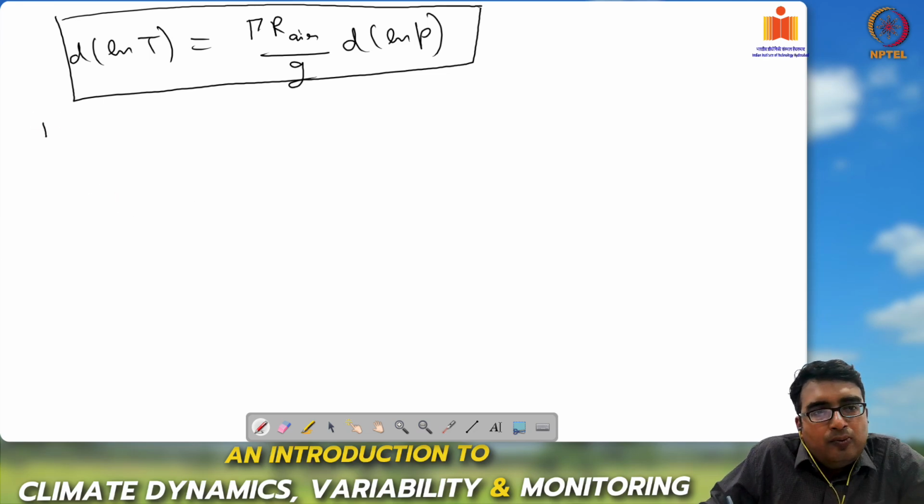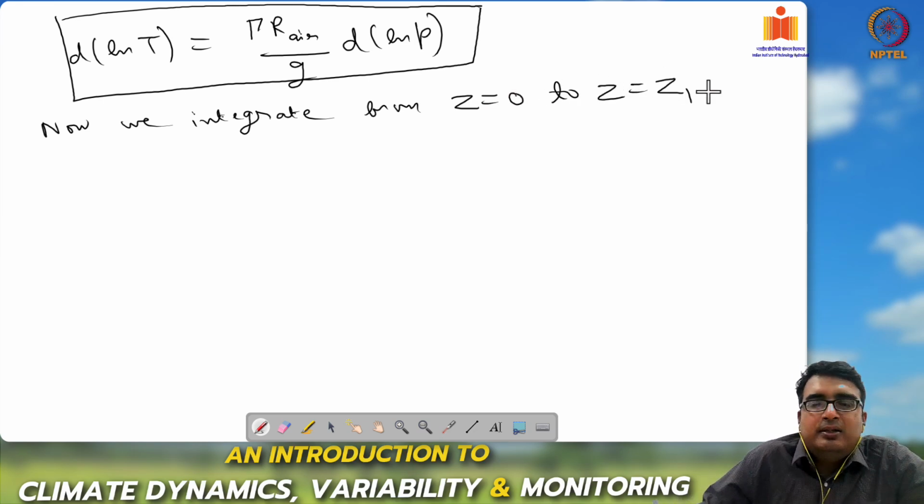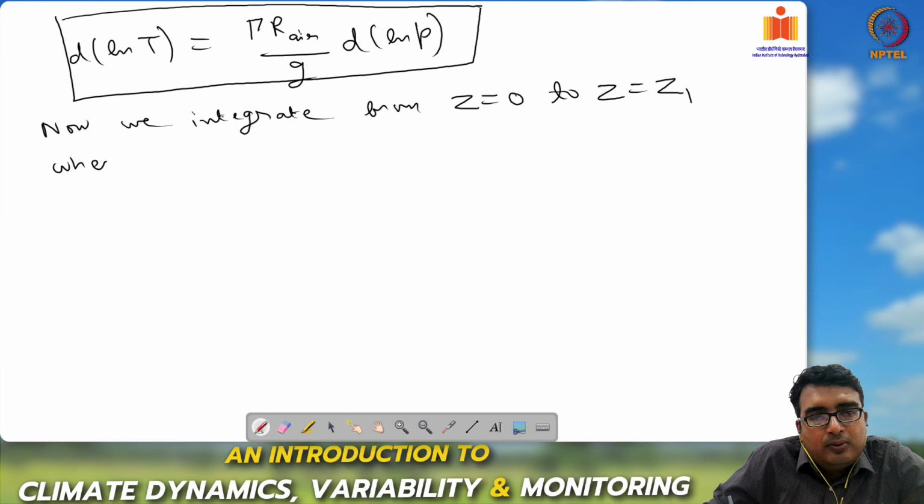Now we integrate from z equals 0 to z equals z1, some altitude z1 which is within the troposphere.